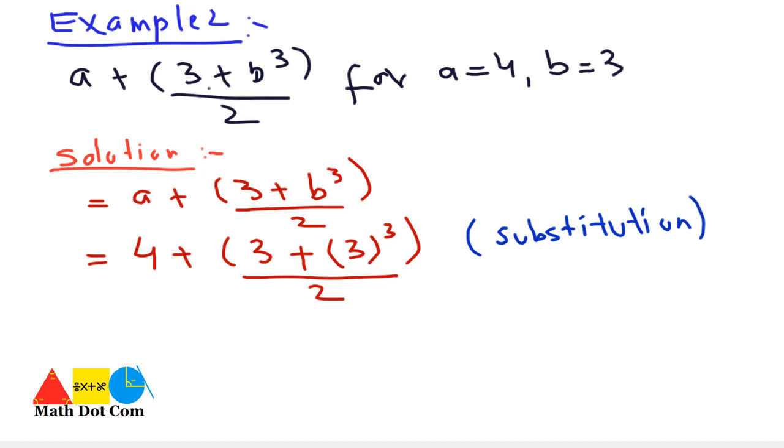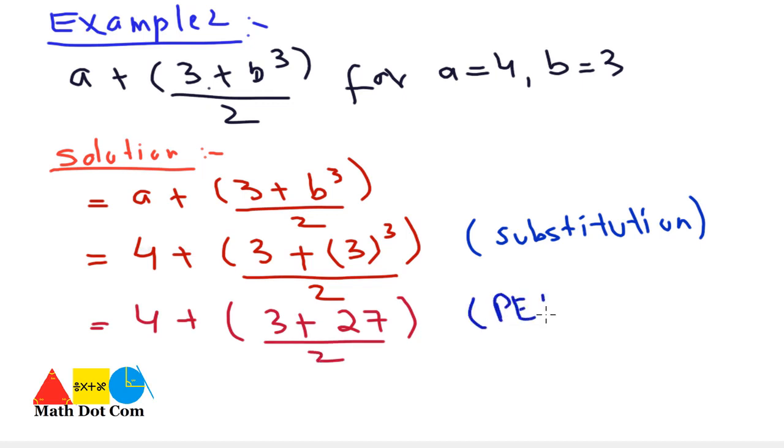Next, we will evaluate the power as per PEMDAS: 4 plus 3 plus 27 divided by 2. Then evaluate the parenthesis: 4 plus 30 divided by 2.